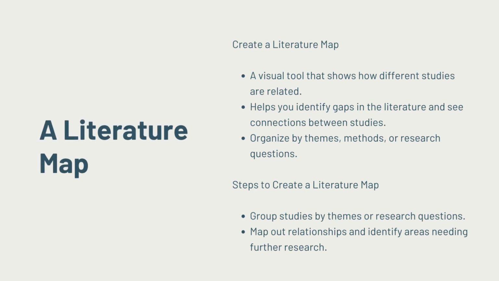And then you can also work with a literature map. Not all templates or not all universities do require a literature map, and not all academic advisors do require them, but they can also be a great helpful tool. So if you would like to use them, it would greatly assist you in visually seeing how your research connects with the other researchers in the field, and how the different concepts are also interrelated. So, what is a literature map? It's a visual representation of the connections between different studies.